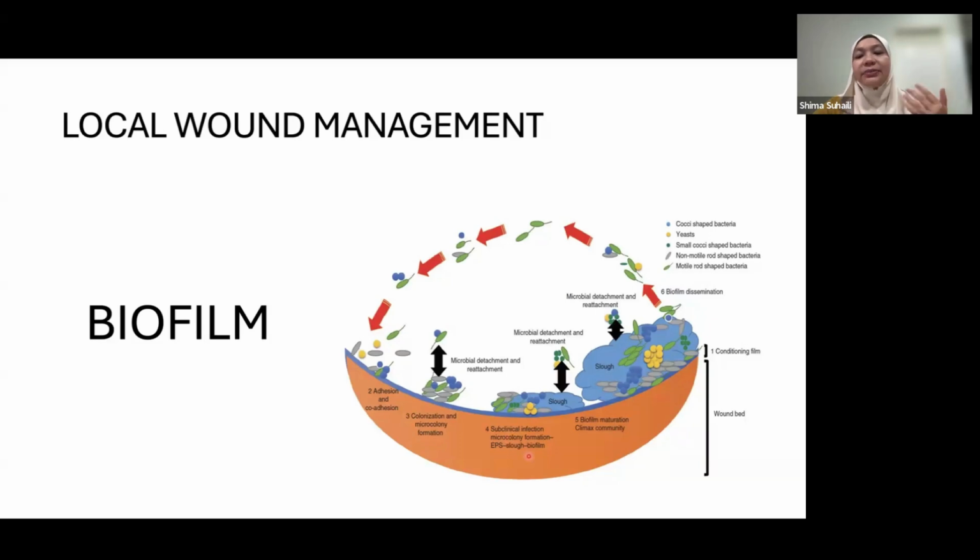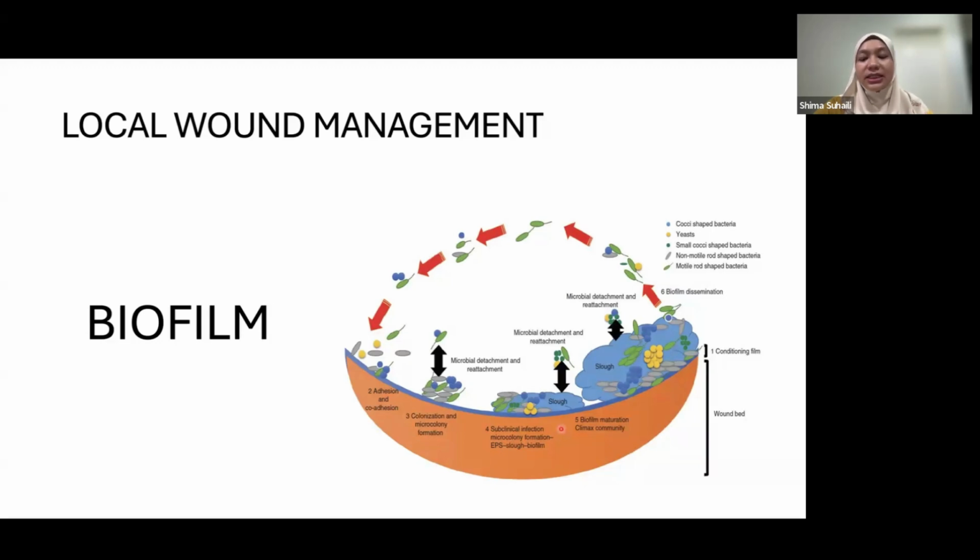Waktu ni dia akan panggil bakteria-bakteria lain untuk stay together macam dia dah buat like satu kawasan setinggan. Okay, pada waktu ni sangat difficult to manage the biofilm ataupun to buang the biofilm. Okay, so sebab kita tahu all the chronic wound memang ada high bioburden on biofilm.